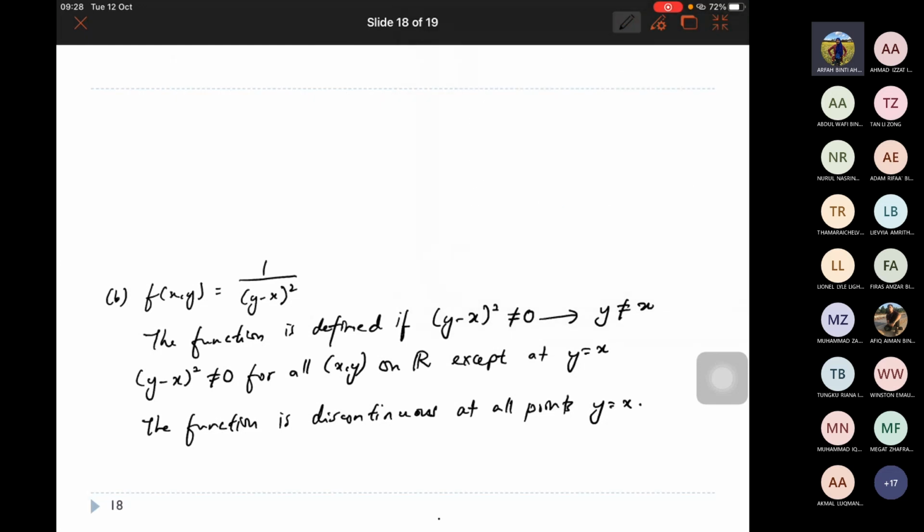So soalan keempat. Okay. Show that, okay, the function.